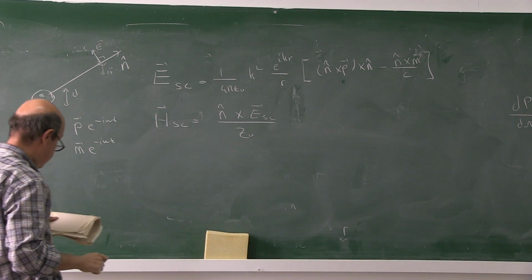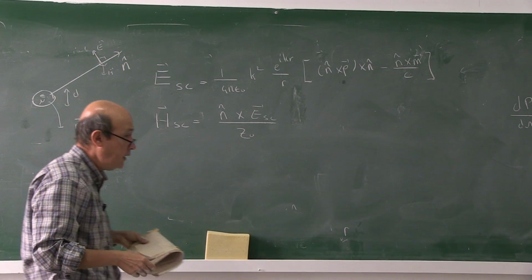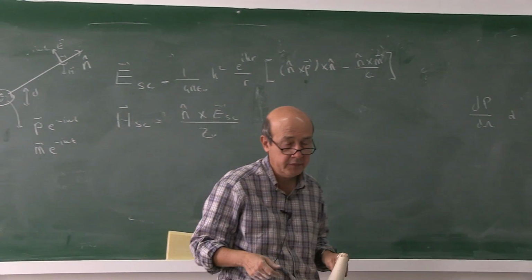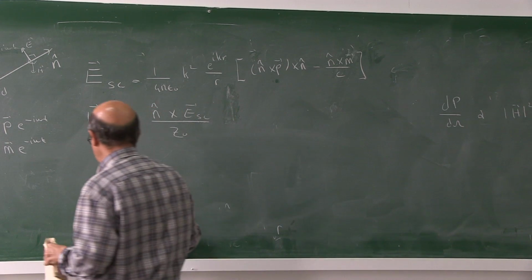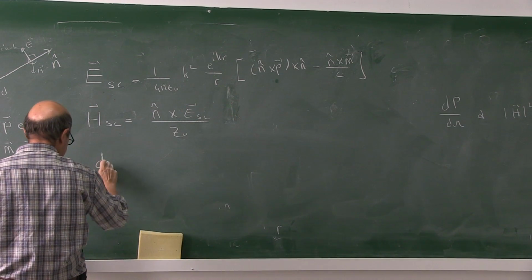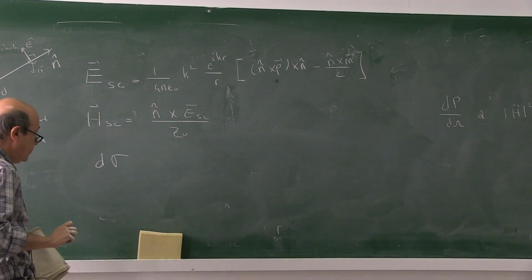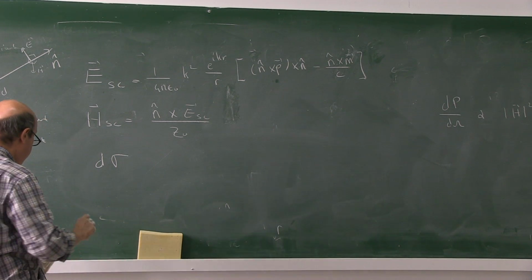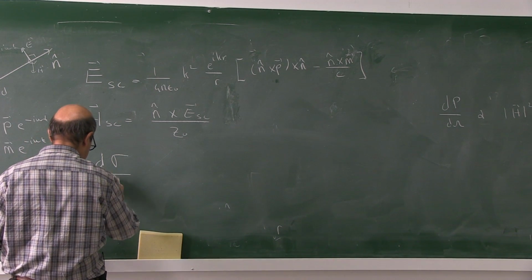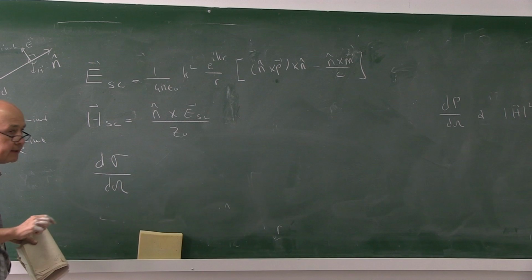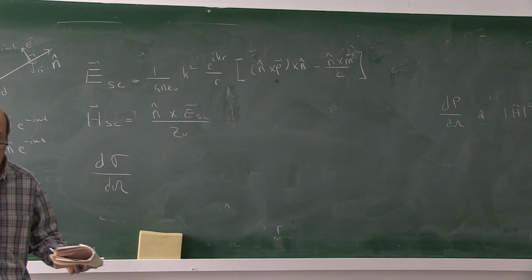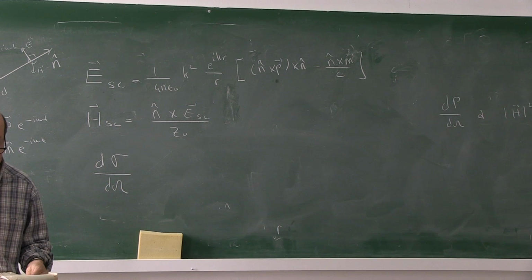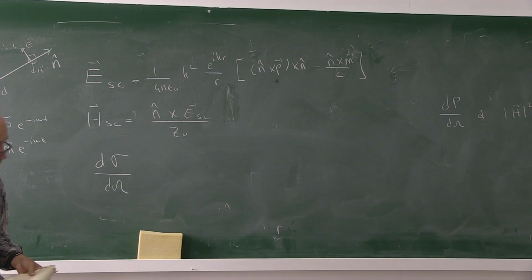We did this several times. Now what we need for the scattering, we need a scattering cross section. So the scattering cross section, sigma, is the scattering cross section per solid angle. If I know the scattering cross section per solid angle, I can integrate through all solid angles. I can calculate the total scattering cross section.